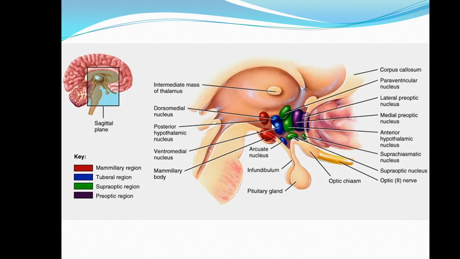They are included in the tuberal group. The green one is the supraoptic group. Here you can see the paraventricular, the anterior hypothalamic, the supraoptic, and the suprachiasmatic nucleus. And the violet color depicts the preoptic region, and here you can see the medial preoptic nucleus.